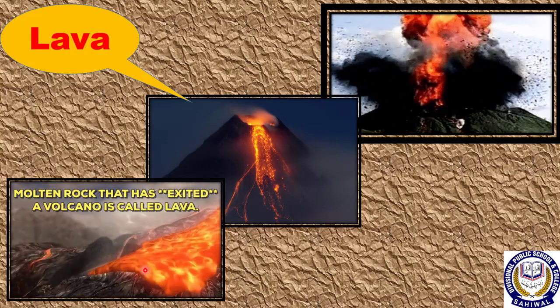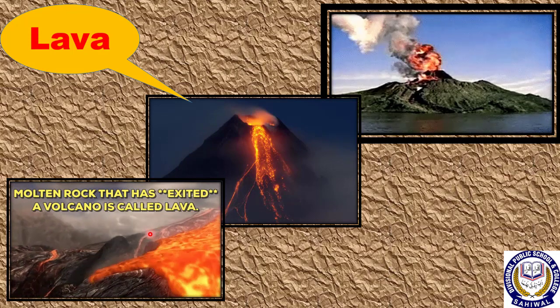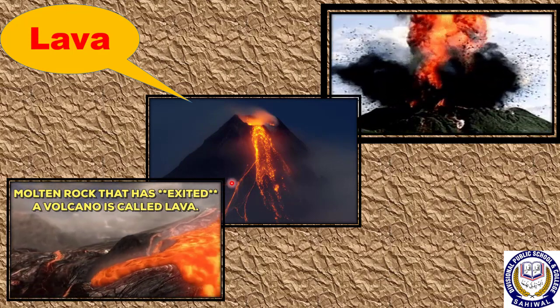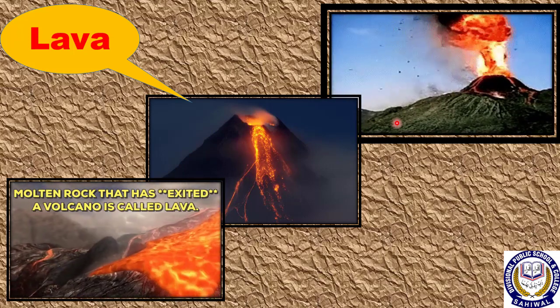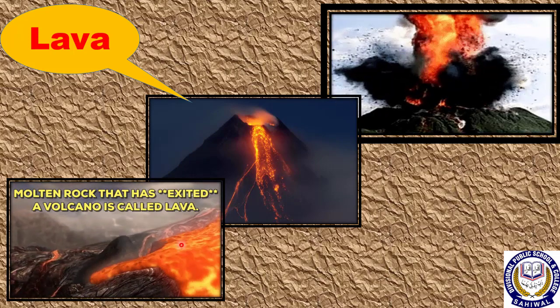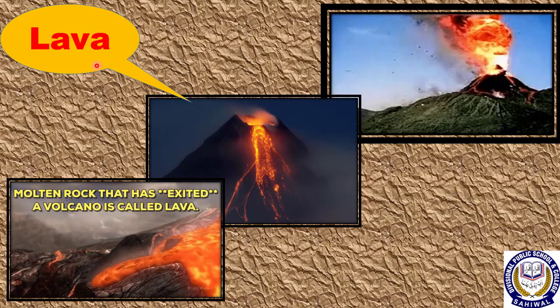This is called lava. When molten material is present under the surface of the earth, then this is called magma. When it comes out on the surface of the earth, it is called lava.